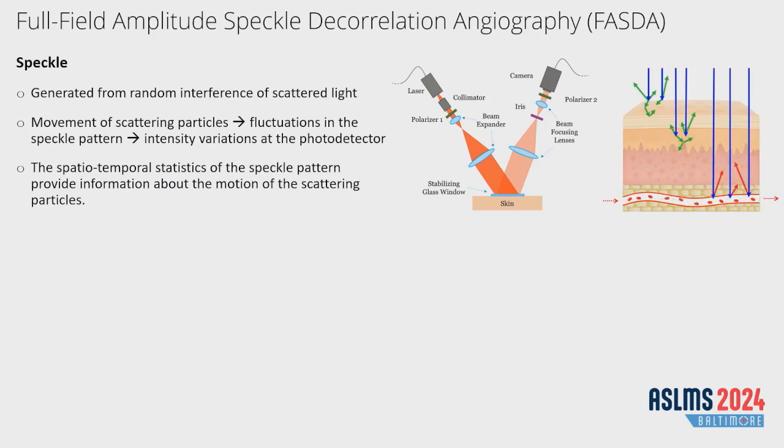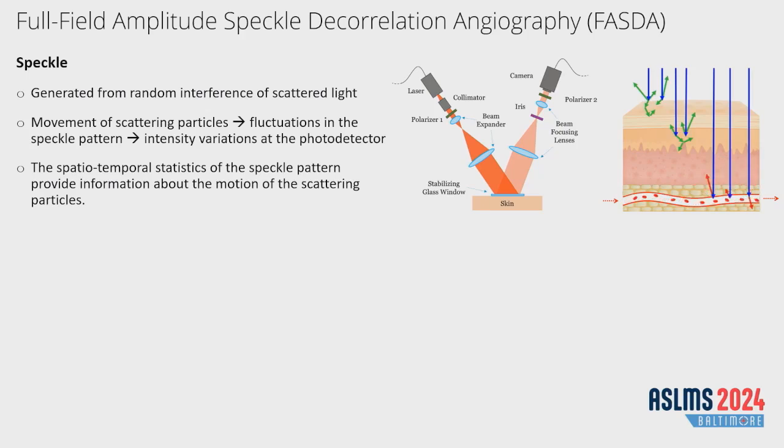The interesting thing is that if the particles that generate the light are static, the speckle pattern will not change. But if they're moving, like in the case of blood vessels, the speckle pattern will fluctuate. And if we analyze the spatiotemporal statistics of these fluctuations, we can gather information about flow.